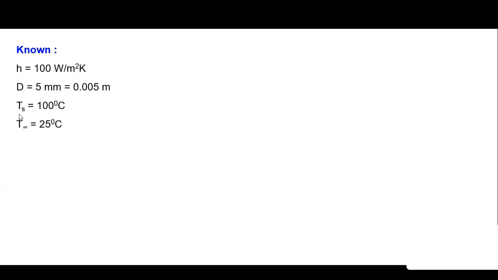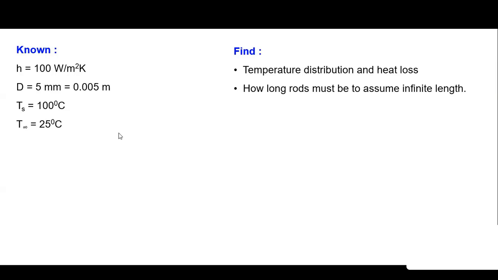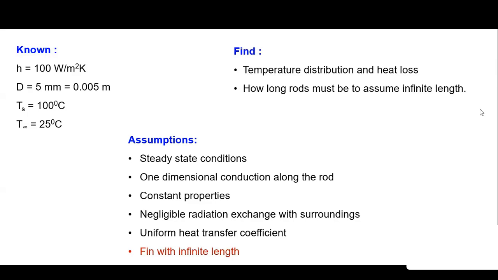Heat transfer coefficient, diameter, surface temperature, and fluid temperature. What is to be found out? Temperature distribution, heat loss, and how long it must be to be treated as infinite length. And the assumptions are almost the same: steady state, one-dimensional, constant properties, negligible radiation with the surroundings, uniform heat transfer coefficient, and fin with infinite length.